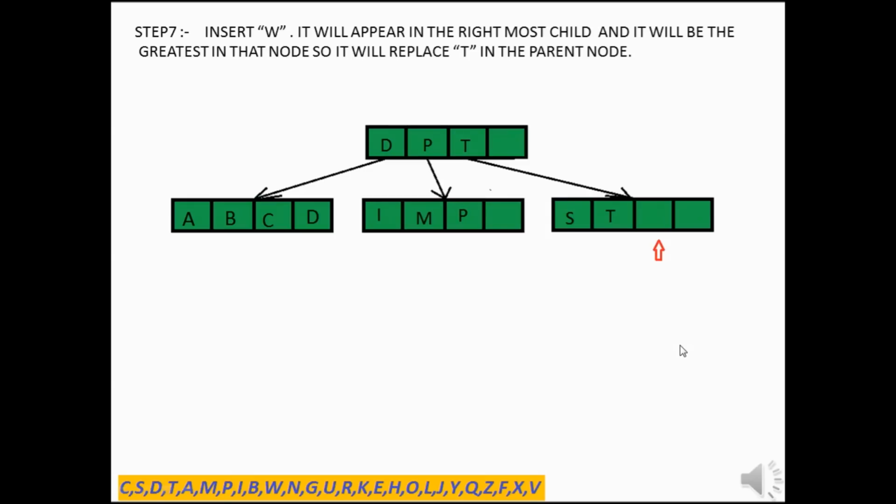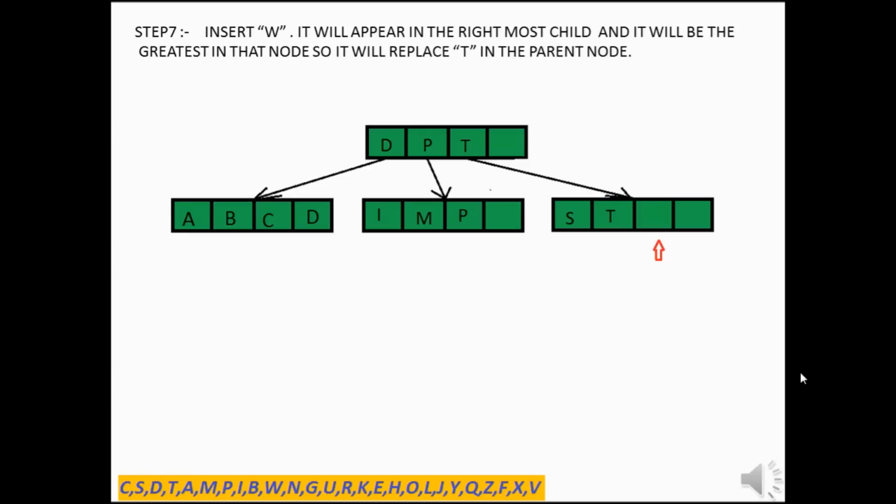Friends, now come to step 7. In this we have to insert W. For insertion, again the same algorithm. Go to the parent node. It contains D, P and T. W is greater than P and less than T. So as usual, we'll go to the node pointed to by the T, that is the greatest element.